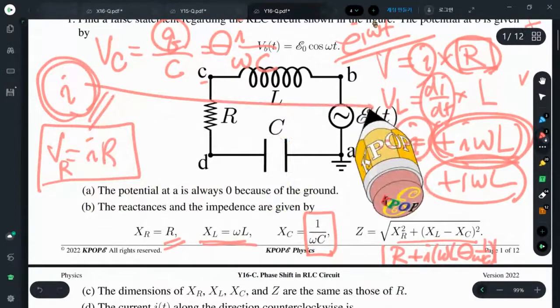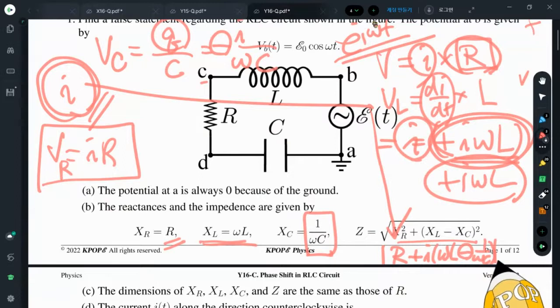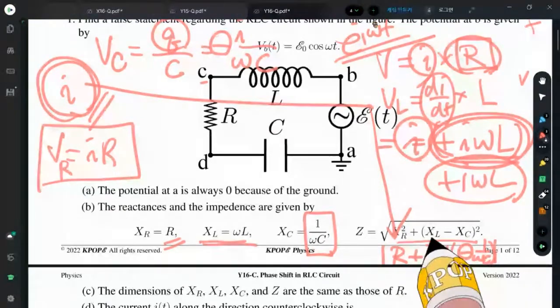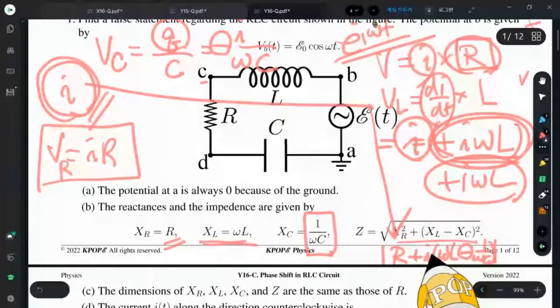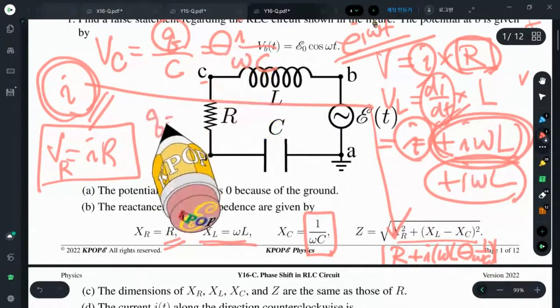That makes the resistance a real number, and the inductance and capacitance become proportional to the imaginary part because of the derivative or integral.